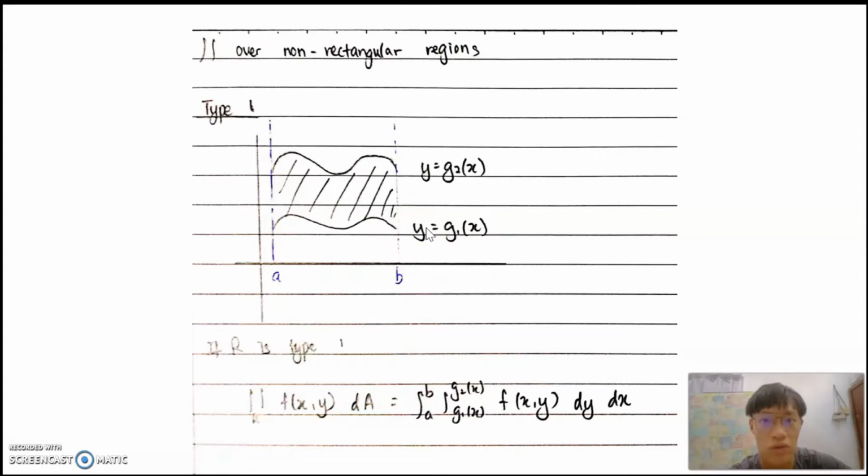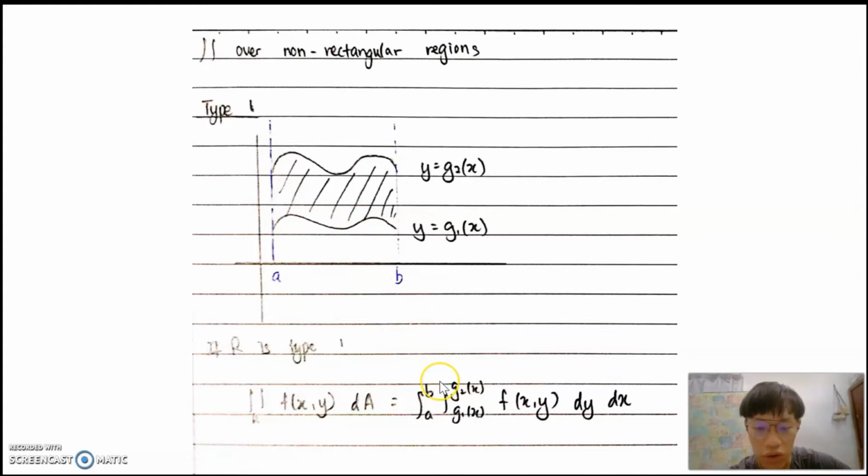If you are going to set up a double integral over a region where you are using a curve in the y direction, that means these two functions, and here is how it's set up. The direction that has a curve as the boundary is the direction you integrate first.